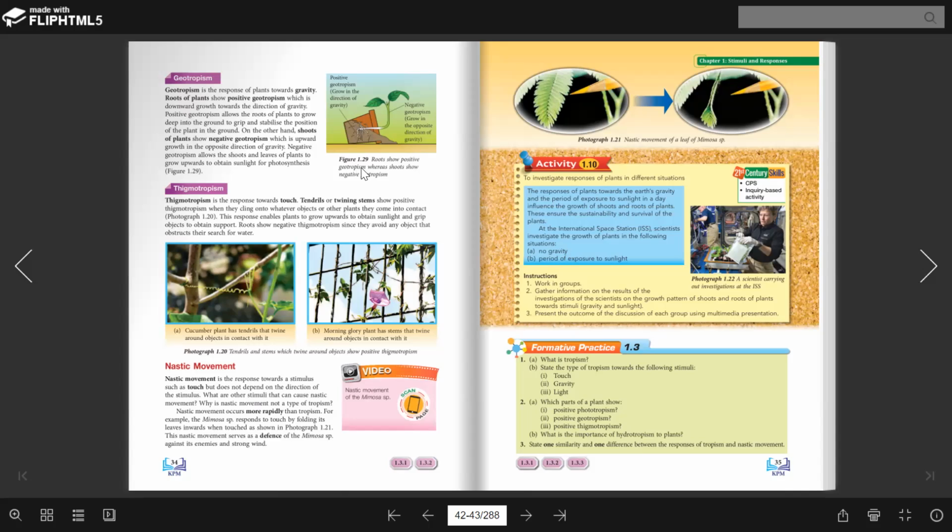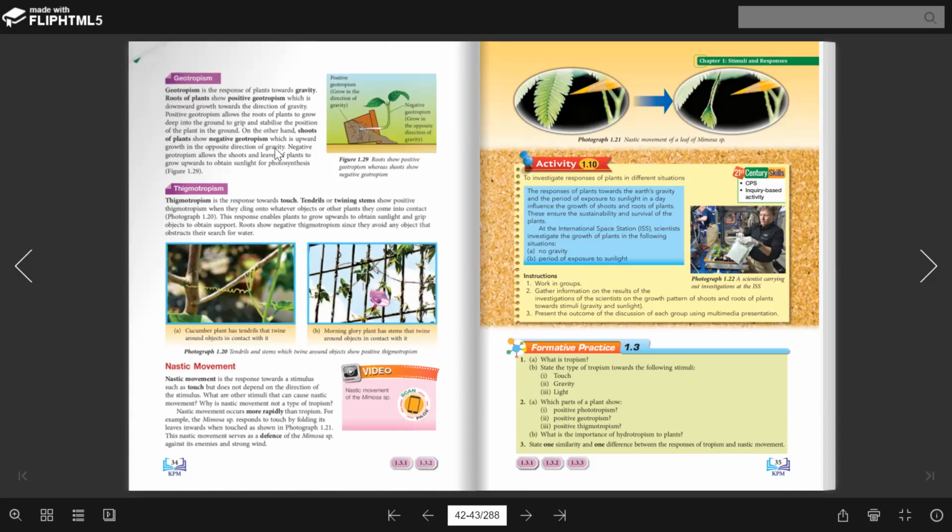For example, if you release a ball from your hand, the ball will fall down. The root will grow downward, but the shoot grows upward. So we can say that the root shows positive geotropism, which grows downward towards the direction of gravity.